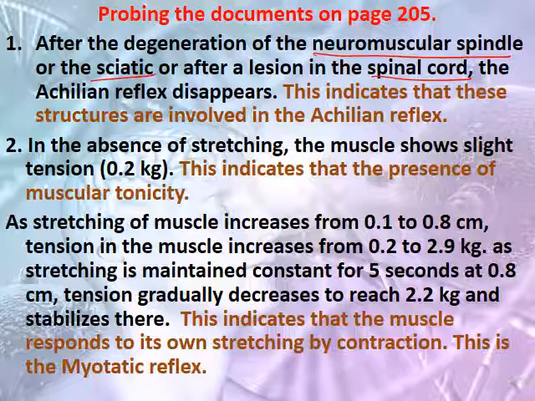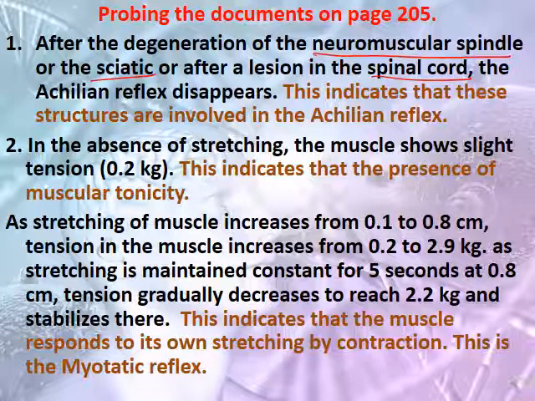As stretching increases from 0.1 to 0.8 centimeter, tension in the muscle increases from 0.2 to 2.9 kilograms. As stretching is maintained constant for 5 seconds at 0.8 centimeter, tension gradually decreases to reach 2.2 kilograms and stabilizes there.